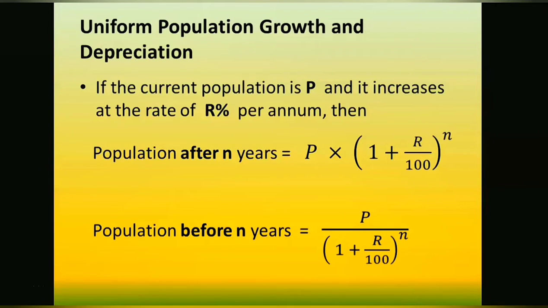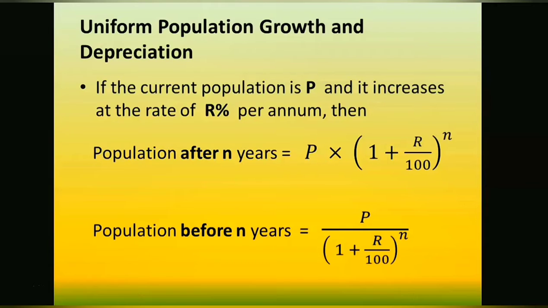Next, we will see uniform population growth and depreciation. If the current population is P and it increases at the rate of R% per annum, then the population after n years is equal to P into 1 plus R by 100, the whole thing raised to n, and the population before n years is equal to P divided by 1 plus R by 100 raised to n.